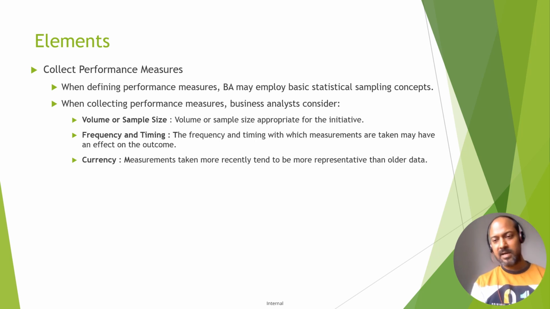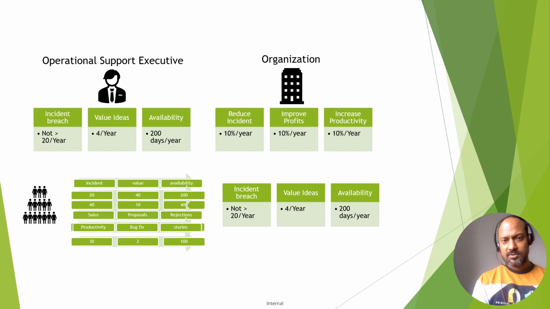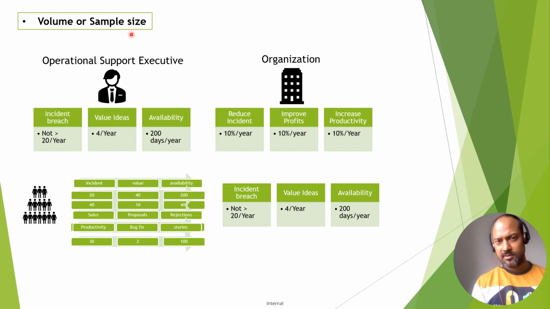So let's understand it by the same example again. First we'll talk about the volume or the sample size, right? How did the organization come to the conclusion that incident breaches should not be more than 20 a year? There are different ways of coming to this conclusion.